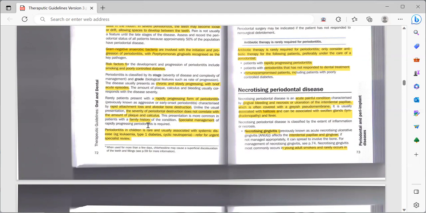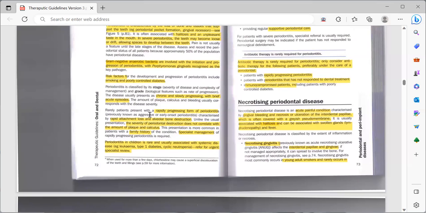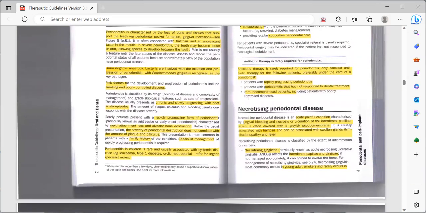For these children, if they have periodontitis, you need to refer them urgently for specialist review. And for the other patient, if you see a rapidly progressing form of gum issues, like in adolescence, then you need to just refer them to the specialist. But here the referral is urgent in children.